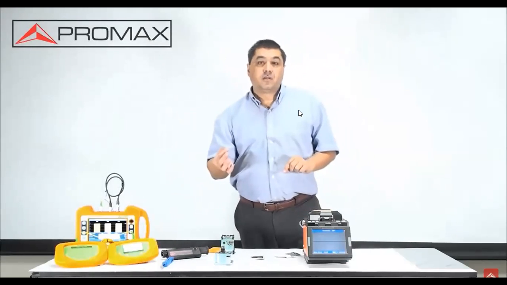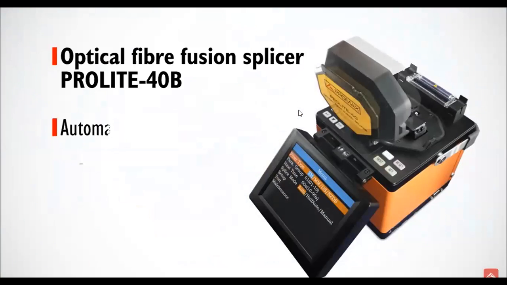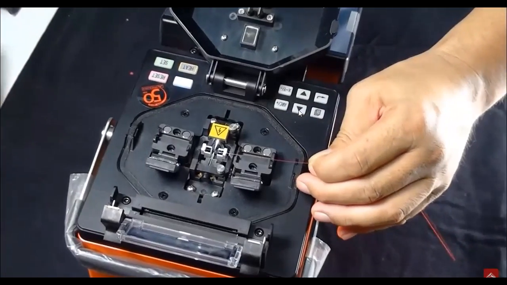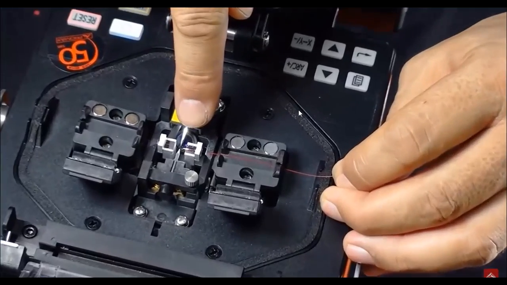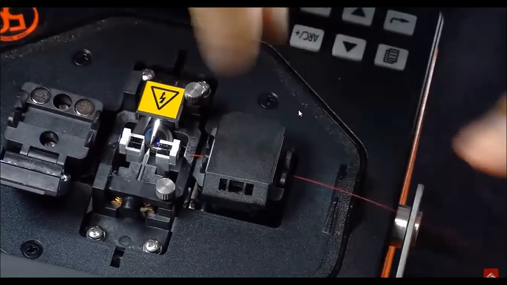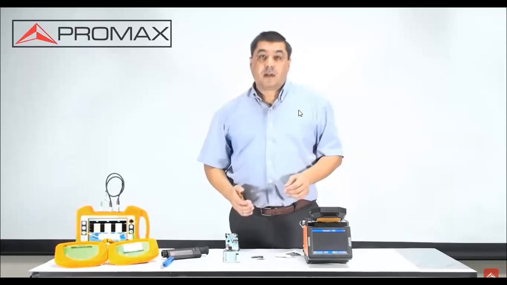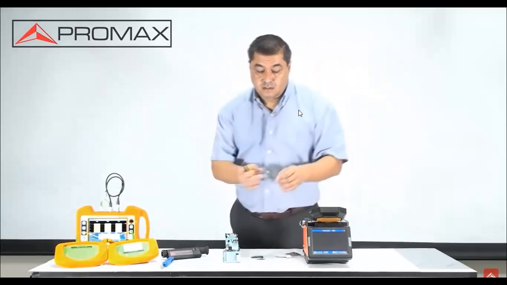Now, we are going to put the optical fiber into the fusion splicer. We place the fiber into the guide, trying to leave it as close as possible to the electrodes. We close the clamp to hold the fiber. We will do the same process with the other fiber end.